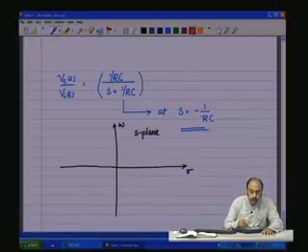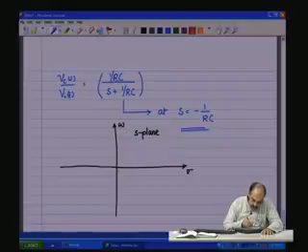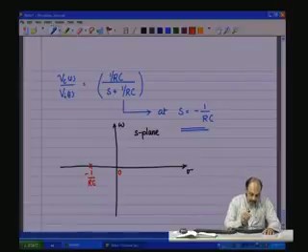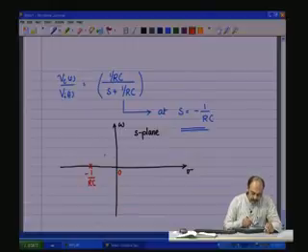Now, S is equal to minus 1 by R C, therefore, this is 0. I take the negative real axis, somewhere here let us say we have minus 1 by R C. So, that is the pole location. So, this will be the pole-zero picture of the R C network.